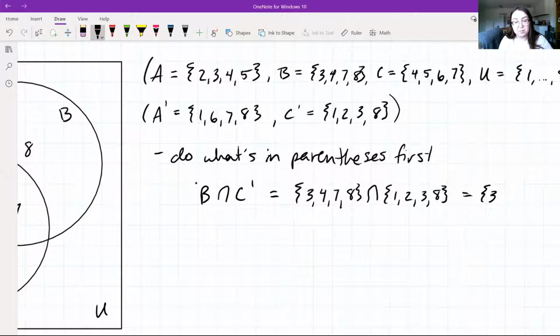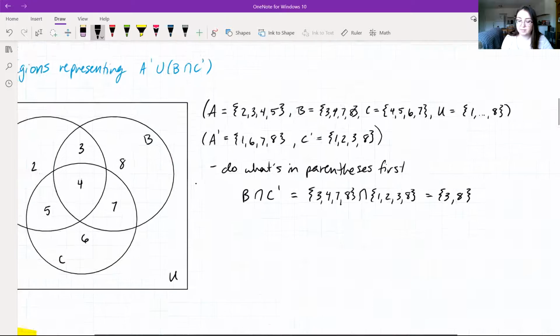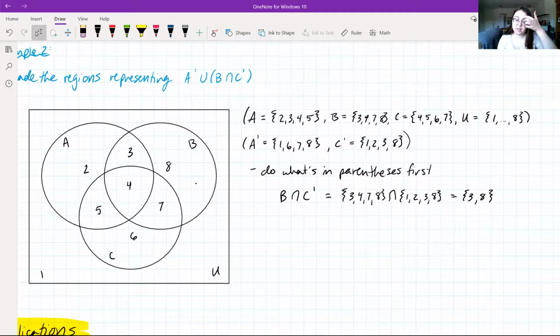And lastly, we have 8, which is in B and C prime. Now we also see that 1 is in C prime, but not in B. 2 is in C prime, but not in B. And then we see that 3 and 8 are going to be our shared values. All right, so we found that our intersection between B and C prime is the set of 3 and 8.